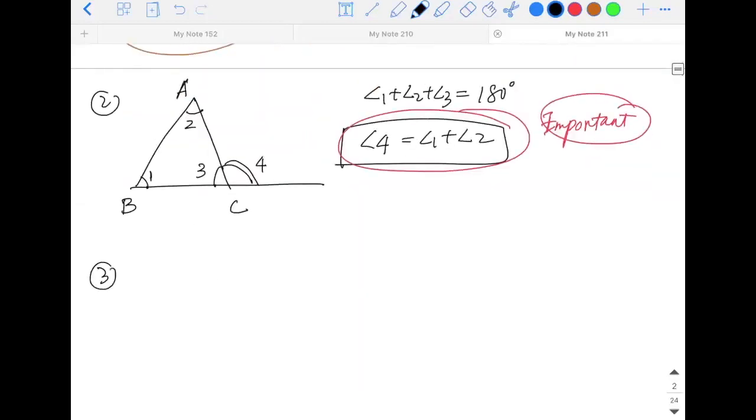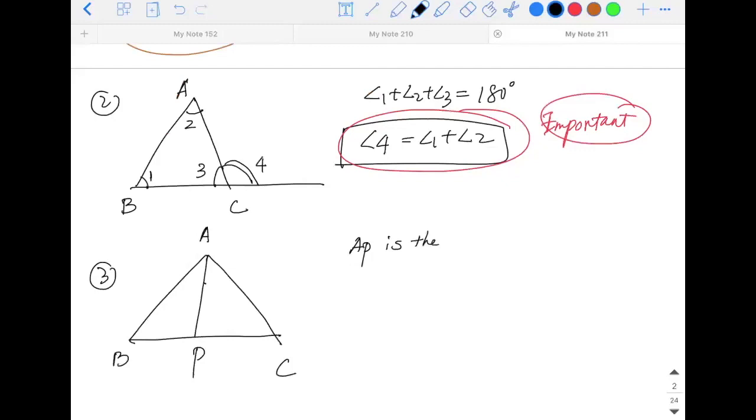Number 3 is our bisector related property. A, B, C, P. Given a triangle, and AP is the bisector of angle BAC. If AP is the bisector of BAC, it means angle 1 is equal to angle 2.